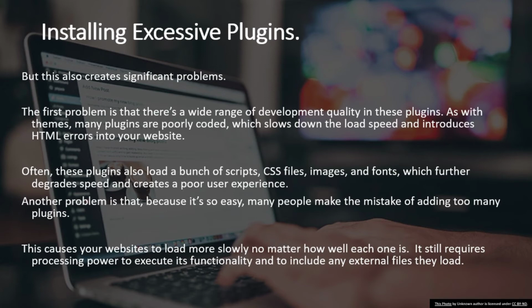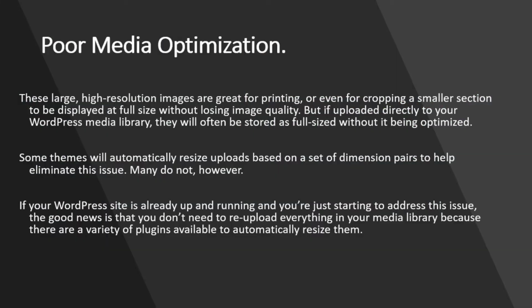The fourth mistake to avoid is poor media optimization. We are carrying an incredibly powerful camera in our pocket these days, which gives us the ability to easily add new photos to our WordPress website. But this also leads to a common significant mistake.